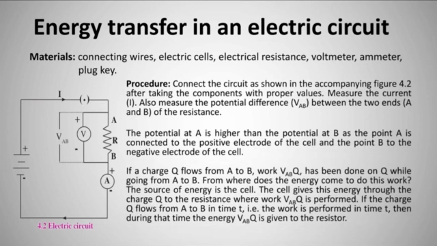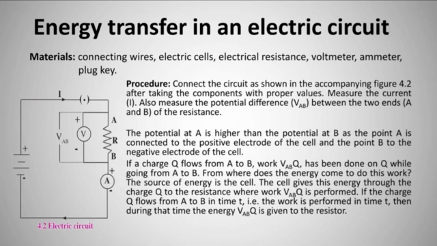The potential at A is higher than the potential at B, as the point A is connected to the positive electrode of the cell and point B to the negative electrode of the cell.